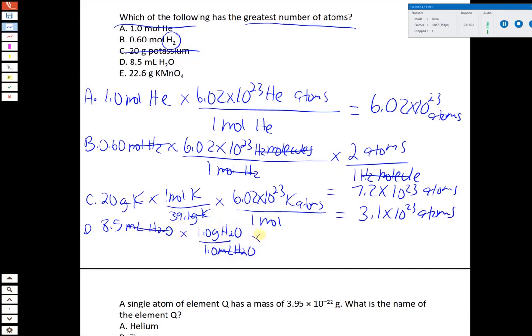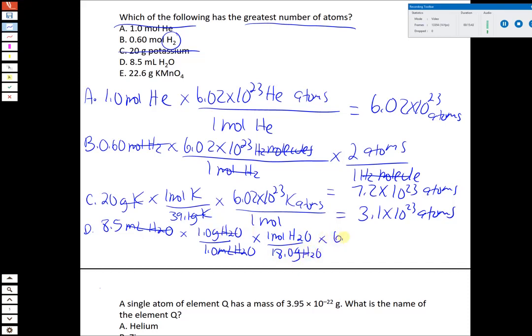So we have grams of water, and then same series of steps that we've been doing, we're going to use the molar mass and Avogadro's number to figure out how many molecules and atoms. So we use molar mass first. 1 mole of water has a mass of 18 grams. That's again the sum of the atomic masses of H2O. That's moles of water.